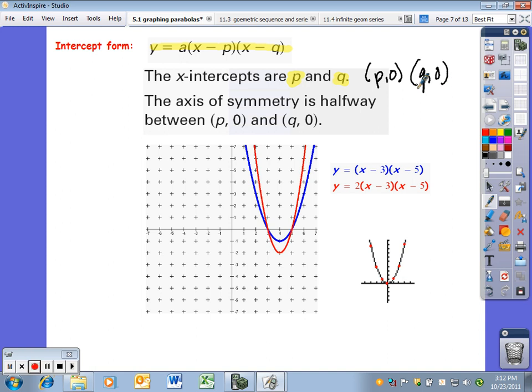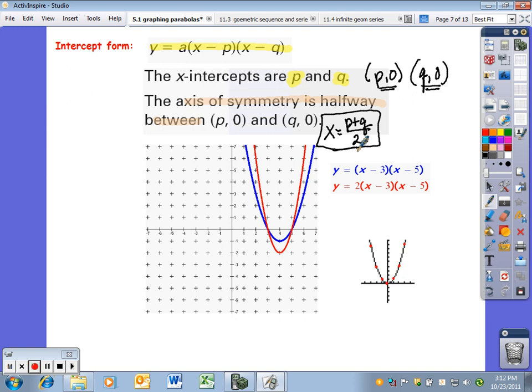So we must list the intercepts as points. Then the axis of symmetry would be halfway between. So I would have x equals p plus q over 2.